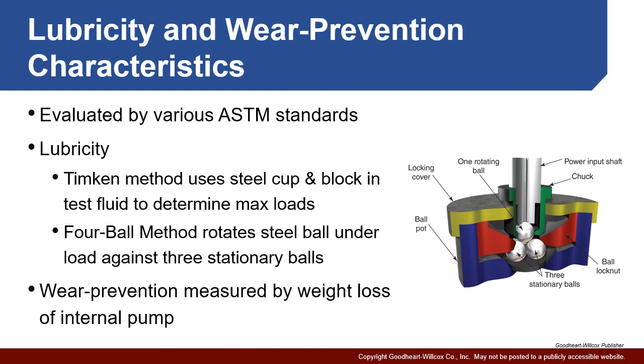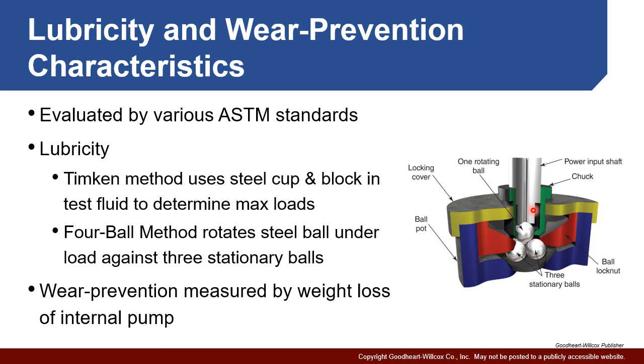We also use this 4-ball method over here, where we have 3 stationary balls shown down here with a ball above. We have a load applied to it, and we rotate that to determine how effective the lubrication is going to be in this environment. This is a standard way of measuring the lubrication potential for oil.